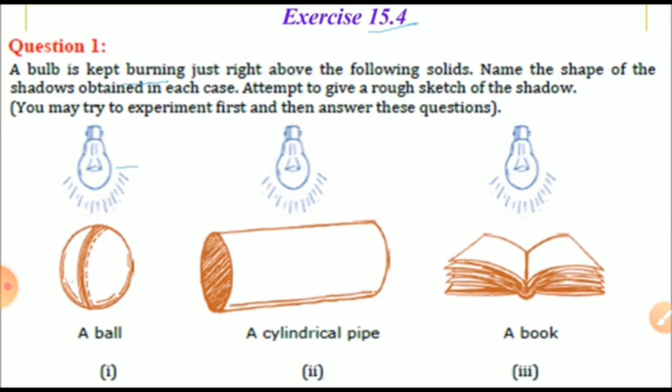Now look at the answers to this first question. You are using a lamp here. If you do not have a lamp nowadays, take the help of a torch or your mobile torch. Make the room dark, take one pipe, one ball and a book, hold them and give the torch light.